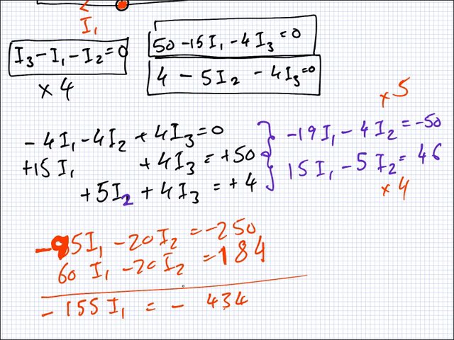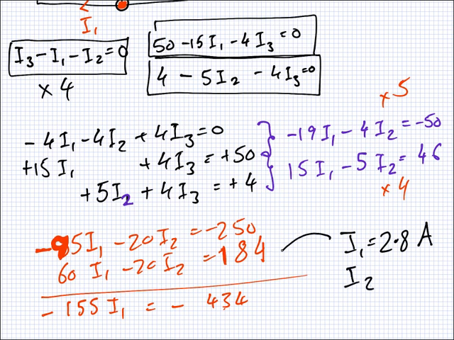While you have 434 on the calculator, can you divide by 155? 2.8. Great. So I1 is 2.8 amps. Now, how do we get I2?